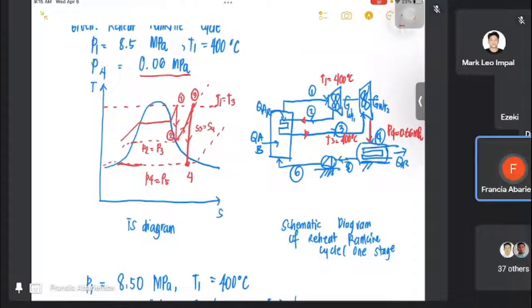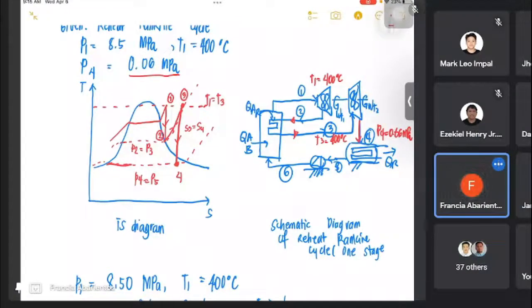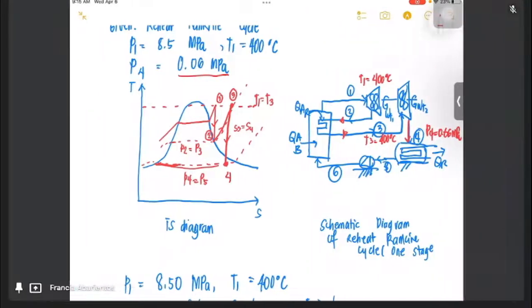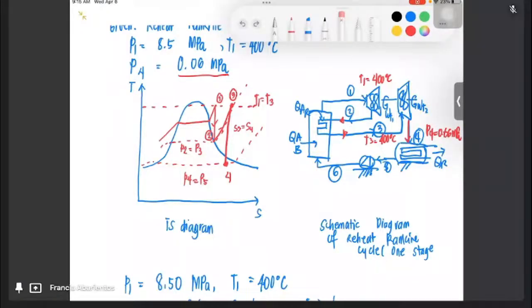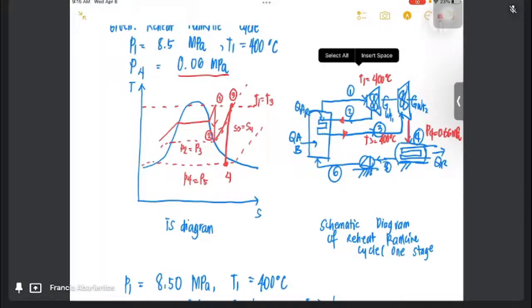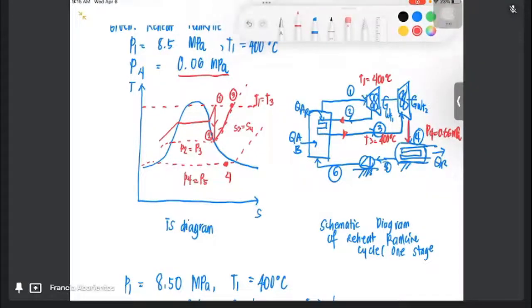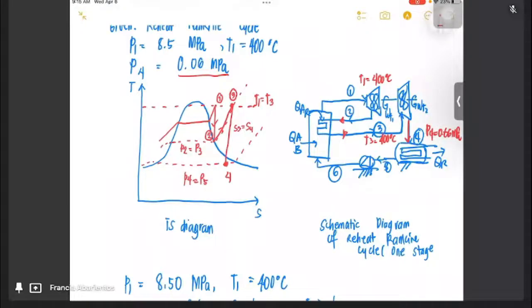Alam niyo na to. So, given na sa atin yung pressure at 0.4. Pressure 3 and mali lang. Ayan. So, entropy. And from 0.4 to 0.5, nangyayari dyan yung sa condenser natin. Condenser natin.